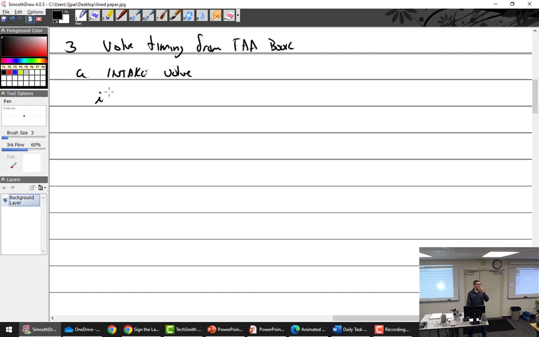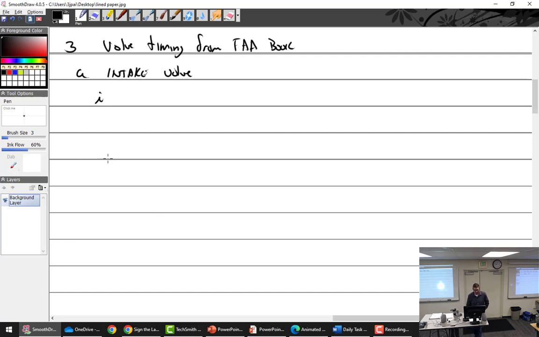And this is just an example of an engine. I don't know which engine it is specifically. I thought it was a Continental of some sort, I think an E225 or something like that. It's not important. The important part is it's just an example of an engine. Not all aircraft engines or all engines are this way. It's just one of them.